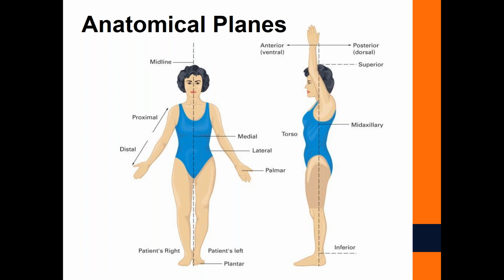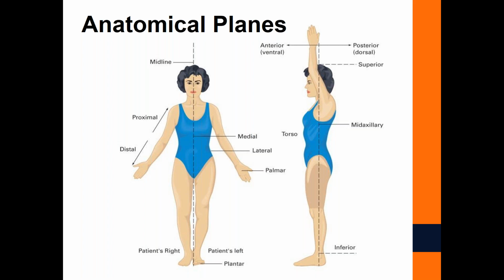So the midline connects straight through the nose, the lips, the chin, the umbilicus, and separates our patient into left and right, respectively. Anything close to that midline is going to be termed as medial. So anything right along that midline portion of the body, we identify as being medial. The further out we get from that midline, we'll start to call things more lateral.